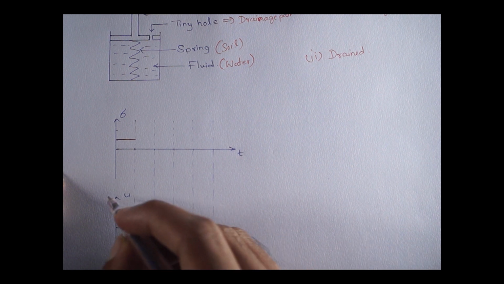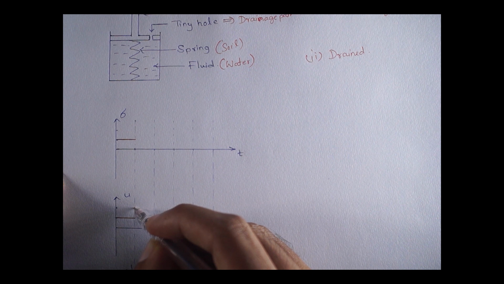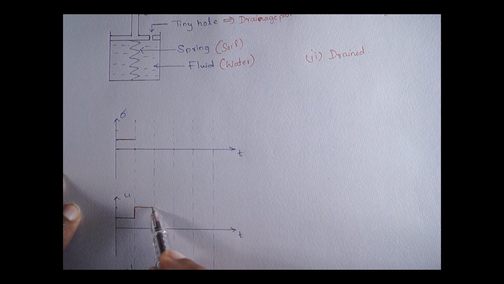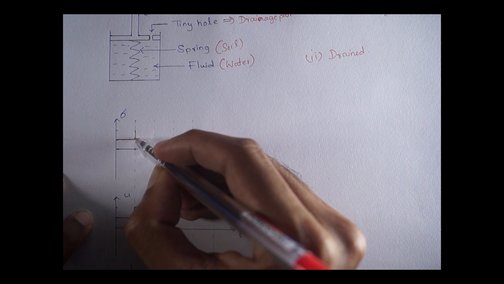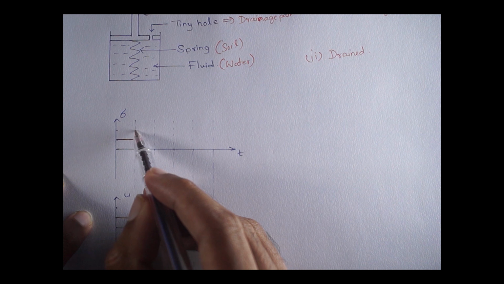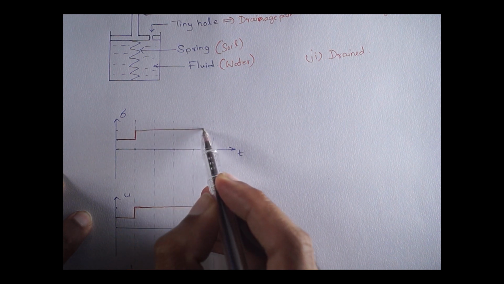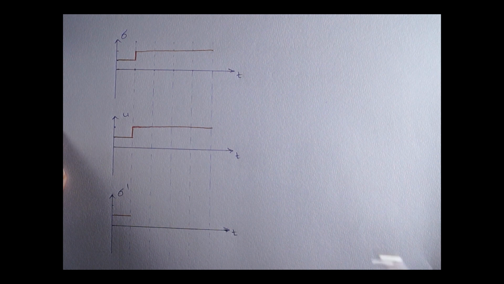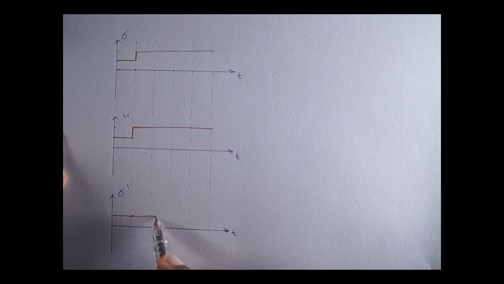So the pore water pressure U spikes up by a certain amount and remains constant throughout the entire process. So once the U increases, the total stress experienced also should increase and remain constant throughout the practical. But the effective stress does not change since the soil does not experience any stress as there is no drainage.